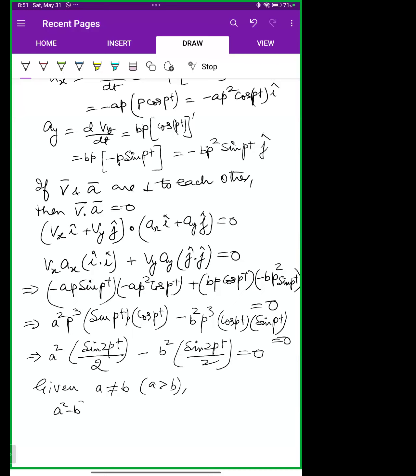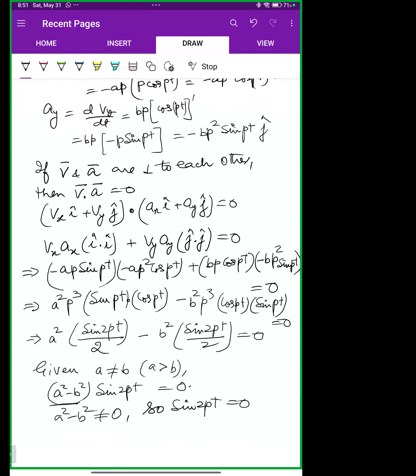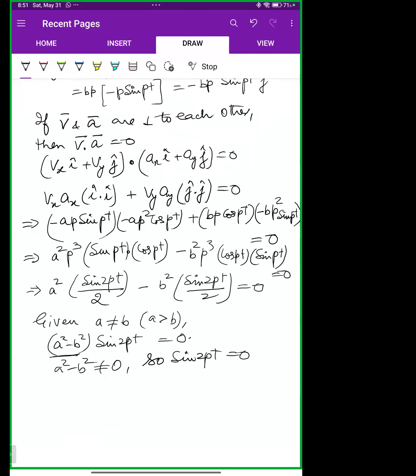A square minus B square sin 2 PT is equal to 0. A is not equal to B, so this term cannot be 0. A square minus B square is not equal to 0. So sin 2 PT has to be 0. That makes sin 2 PT is 0.